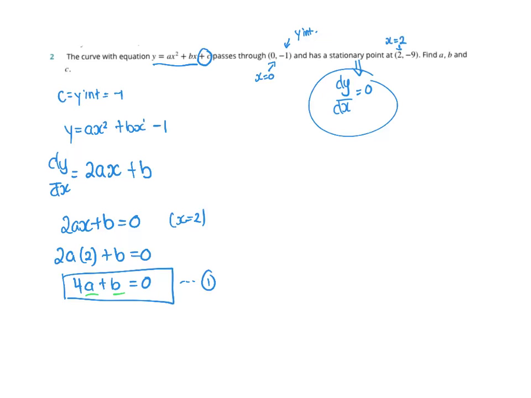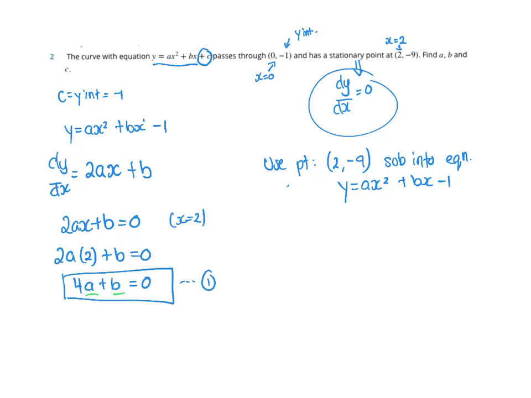So to get another equation, we might just use the point (2, -9), and sub that into the original equation. The original equation which we have at the moment, but we know what c is, so I'll leave that as -1.